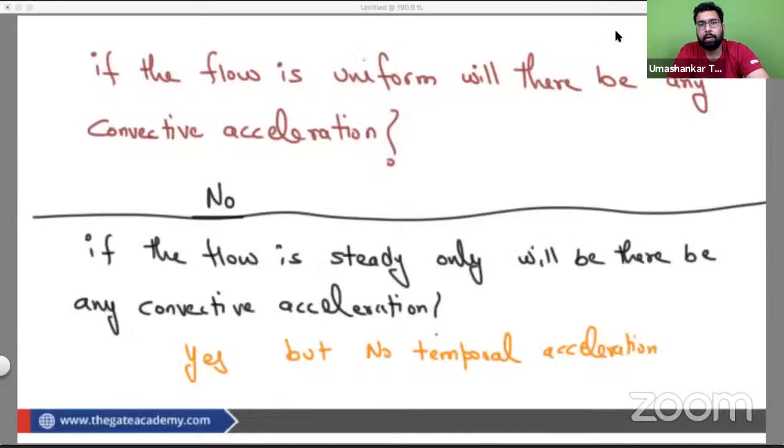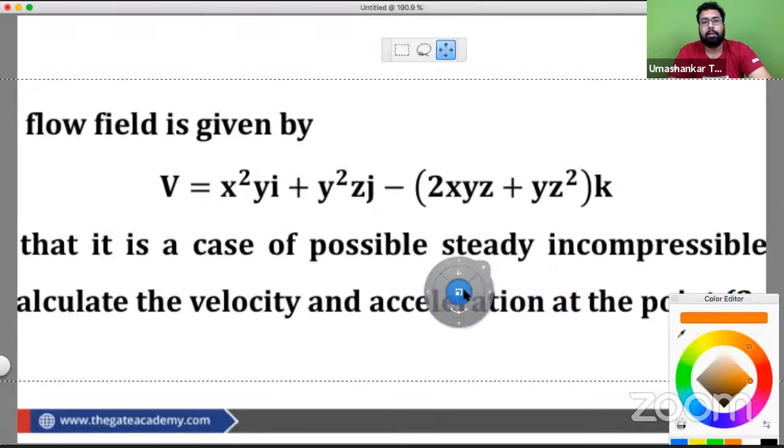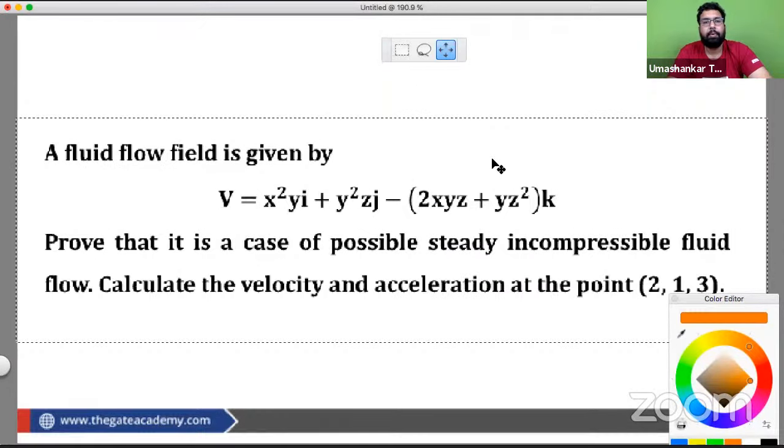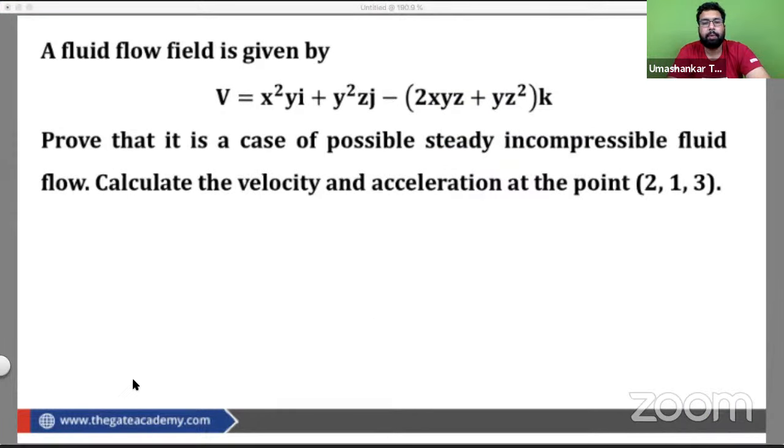Okay. Okay, let's try this one. Let us try this one, beta. Please go ahead. Let us see if we can do it or not. Please go for it.